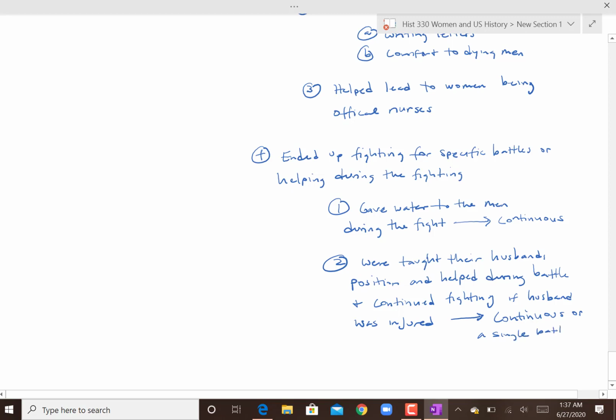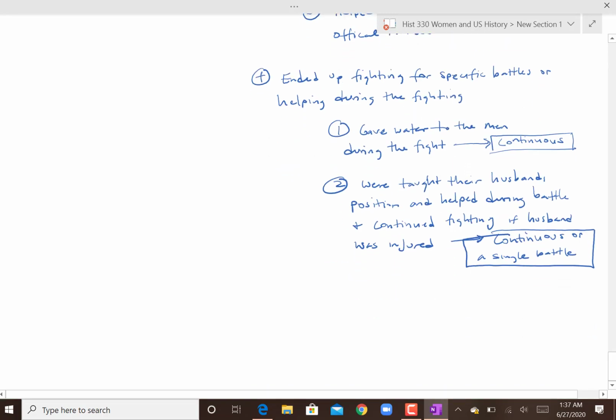If they were just being an aid where they helped give whatever they needed to help them fire the cannons faster, there was someone that did that continuously. And then others, like when her husband fell, where she helped for that one particular battle, but she didn't take over completely.